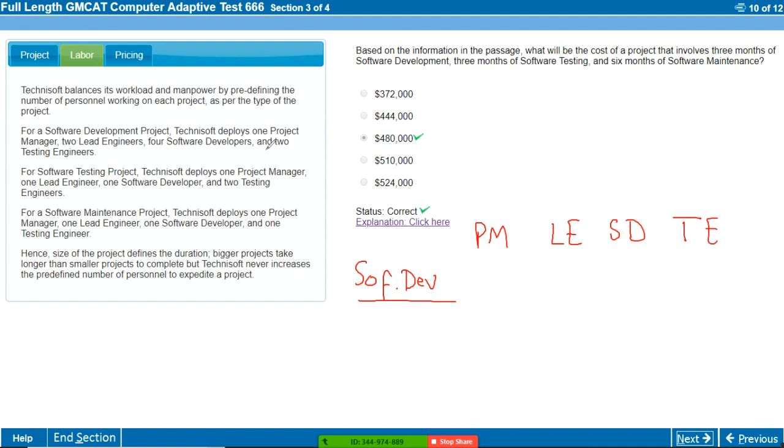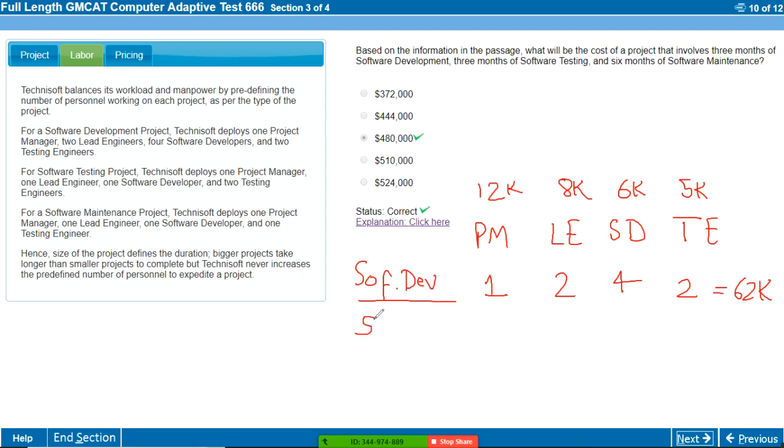From here, we are given that there is one manager, two lead engineers, four software developers, and again two testing engineers. Remember that the man rates were 12,000, 8,000, I'm just writing in terms of thousands, so 12,000, 8,000, 6,000, and 5,000. Now what I need to do is 12 into 1 plus 8 into 2 plus 6 into 4 plus 5 into 2. That calculation comes out to be 62,000.